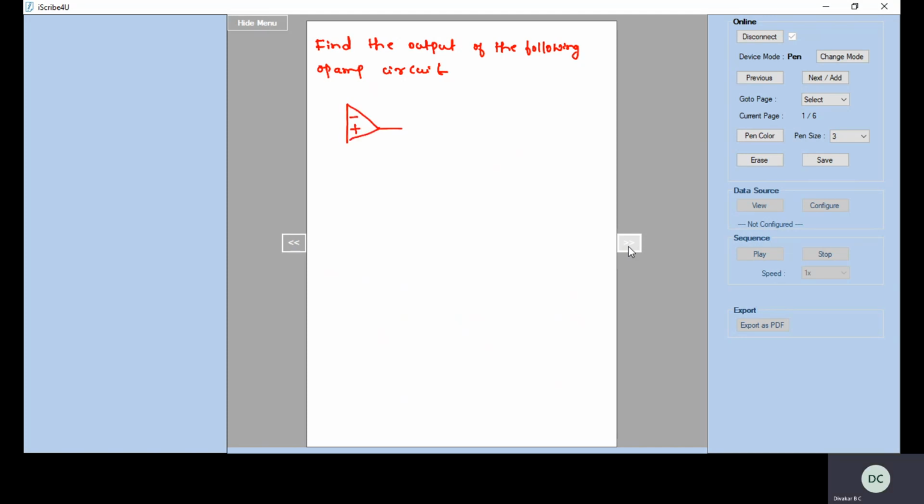The input is 0.25 volts. This is VO1. This is VO2.